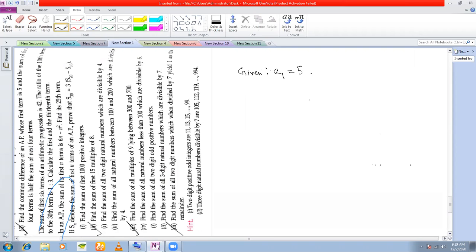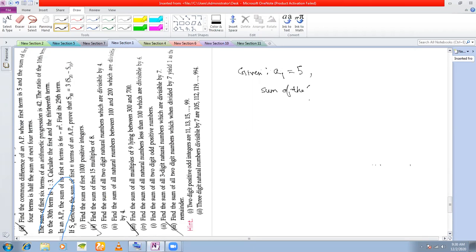Also given is that the sum of the first 4 terms is half of the sum of the next 4 terms. I don't think I'll be able to finish this sum today, maybe tomorrow I'll finish it. Let's understand this.